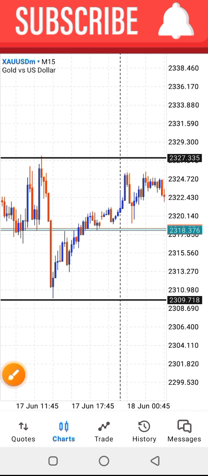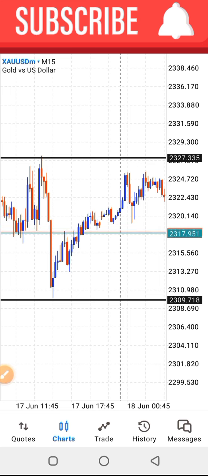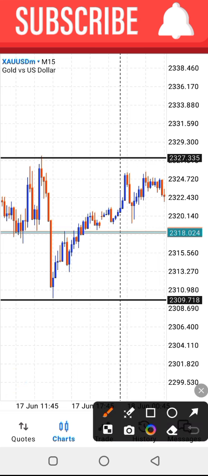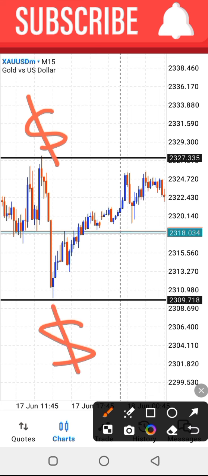The next thing you want to see is price break through either the high level you've drawn or the low level. Once it breaks through, you want it to come back and close inside the boundary. Once it closes inside the boundary, you take a trade and target the opposing liquidity. The idea behind it is that you have liquidity resting above this high and liquidity resting below the low.